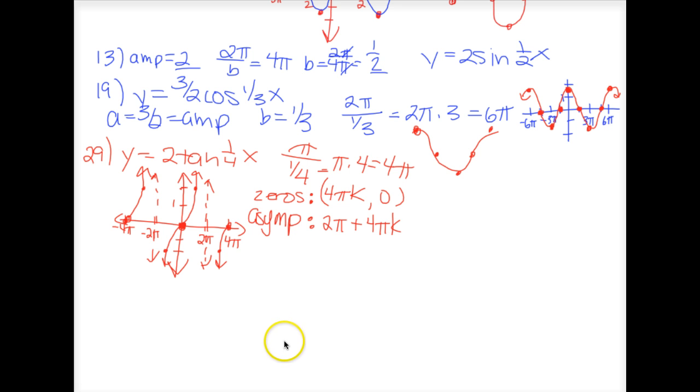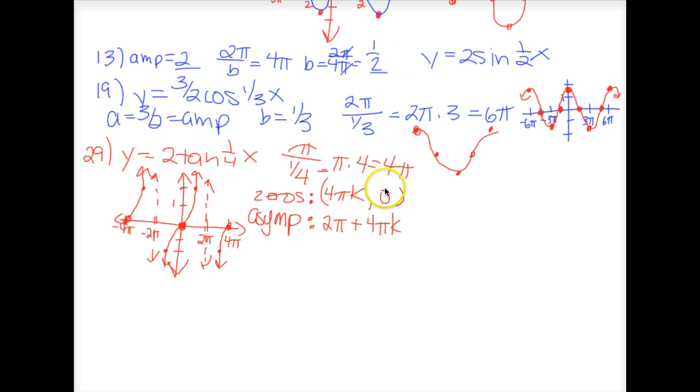All right. So that covers one of each of the original types of graphs that we did. Now we're going to look at some shifted graphs here, just one really, that has both the horizontal shift and the vertical shift.